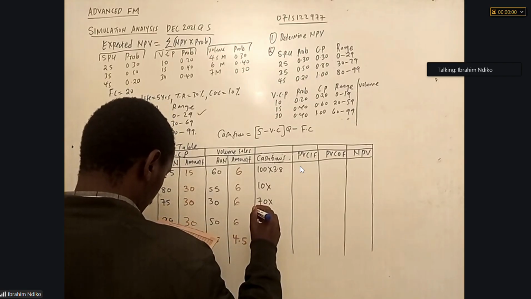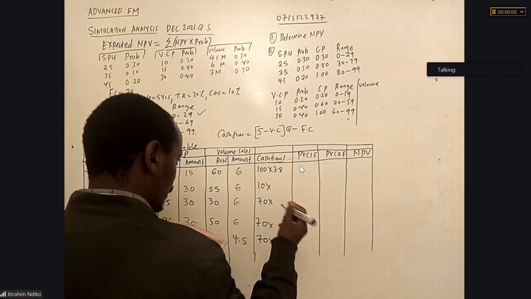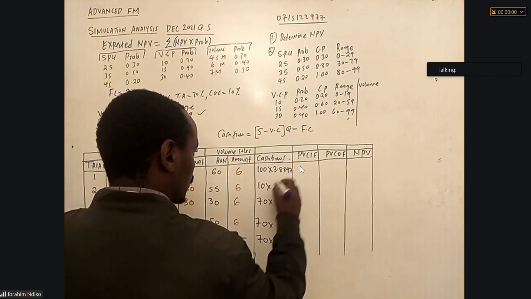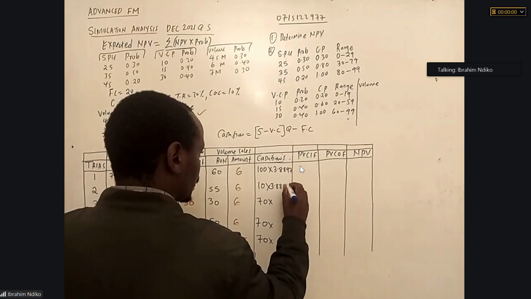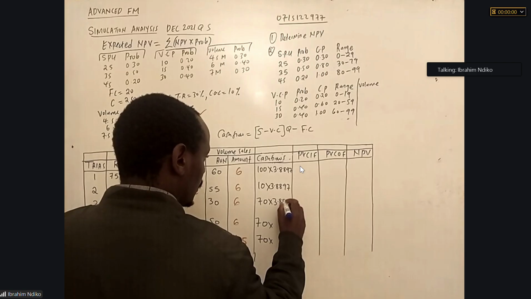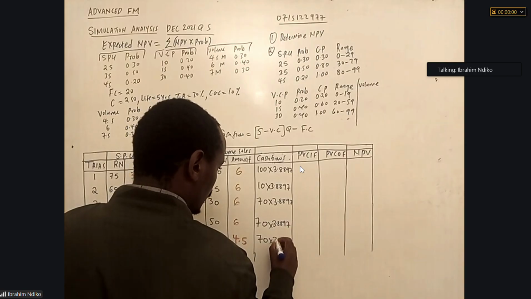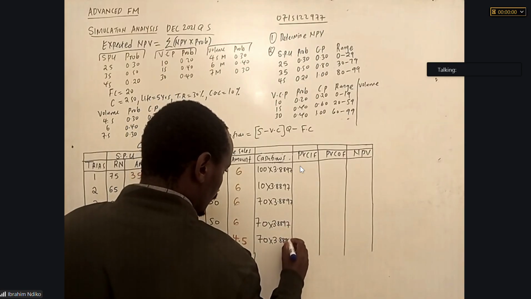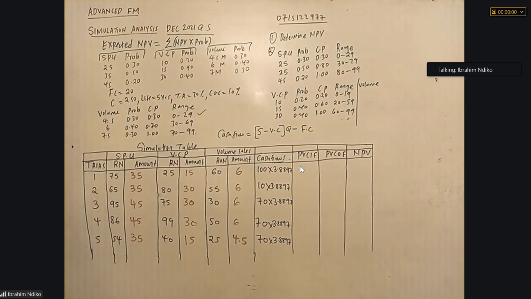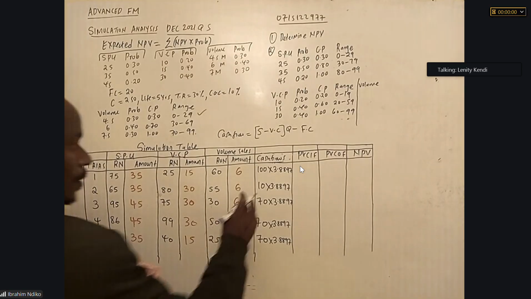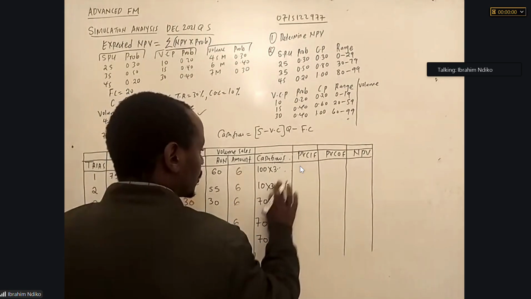So 3.8897. Zote ni for the next 5 years. Ilikuwa 10% na sijapata kwa table hivyo. 10% ya 5. Oh, nimechukua ya 9% mimi.